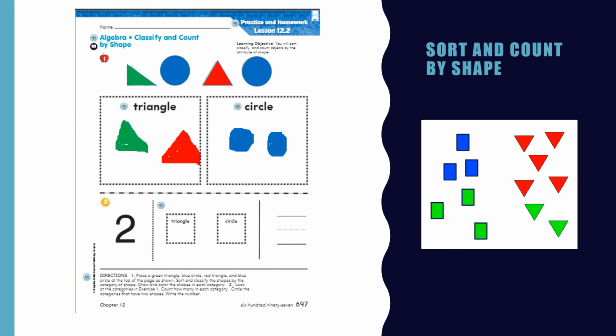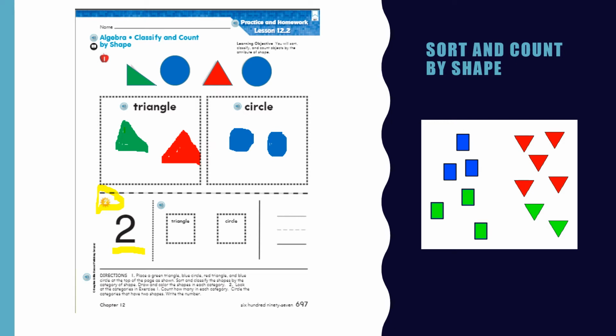Okay, once you've finished drawing, then this is what it should look like. You should have your triangles in the triangle box and your circles in the circle box. All right, so now we're going to come down over here to number 2. And we are looking for the number 2.